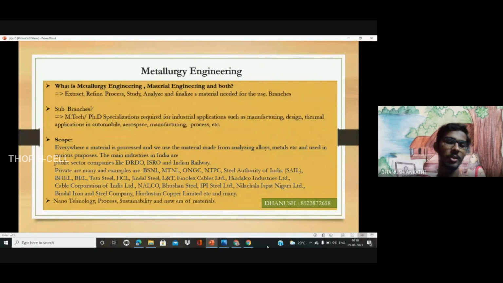So the scope is everywhere. Think of BSNL in the communication sector, and ONGC, where designing and manufacturing involve choosing the material for reactors for making petroleum, and NTPC thermal power, which makes current, and steel industries like Tata Steel.